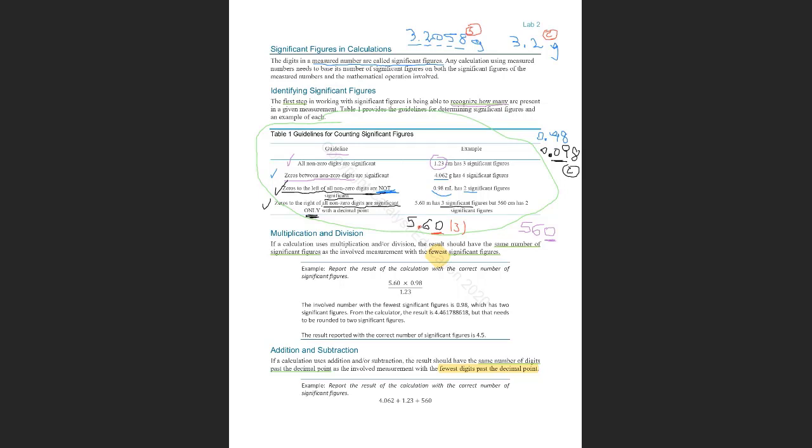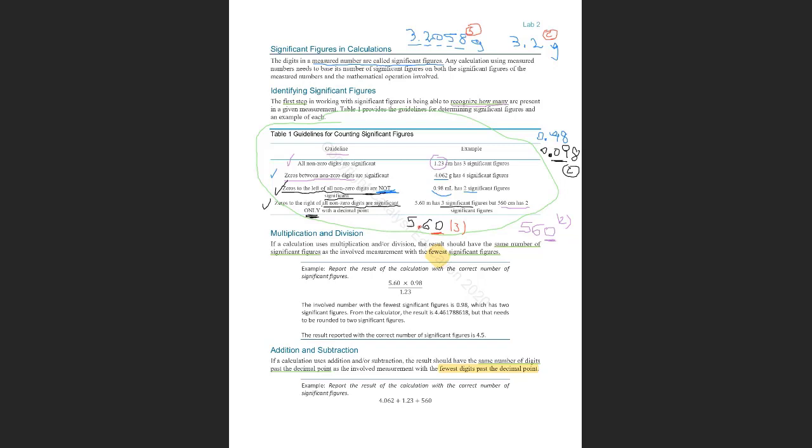Then I have to look. Does the number have a decimal point? No. Then I don't count it. So how many sig figs has 560? Only 2. So you can learn this and you are good to go. That's why here it says the number 560 has 2 sig figs.